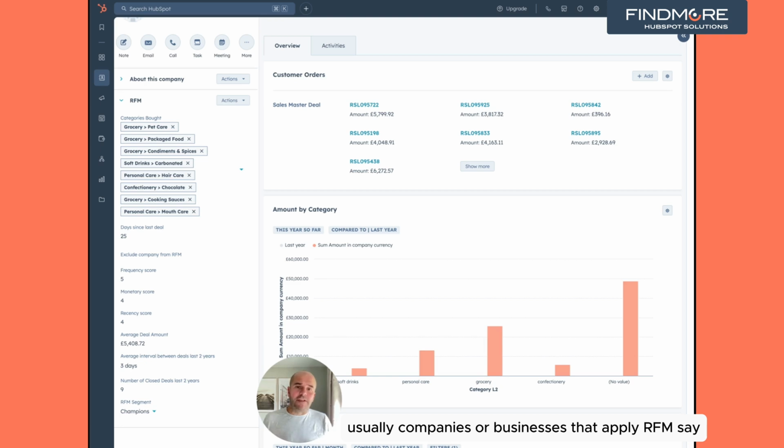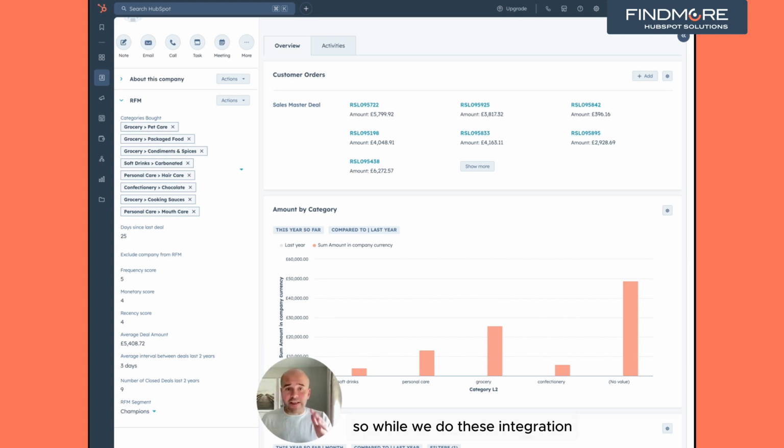Usually businesses that apply RFM have orders that are placed directly in the ERP. This also gives visibility to who's managing accounts, or for the marketing teams to understand what's happening from an order point of view for each customer.